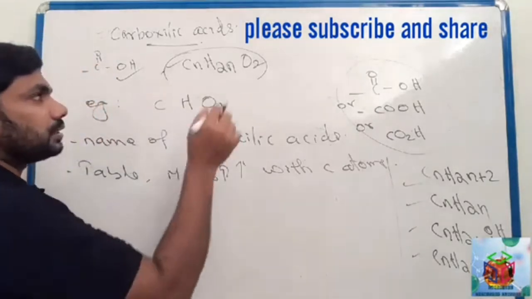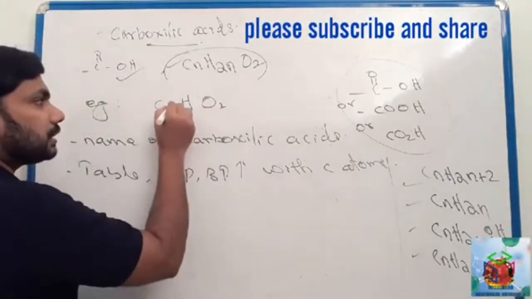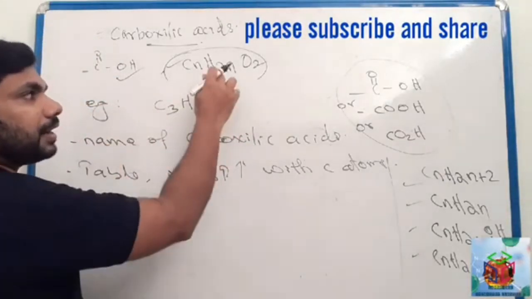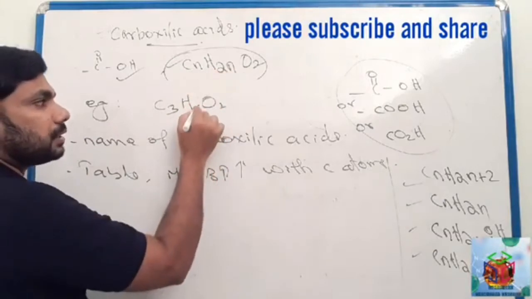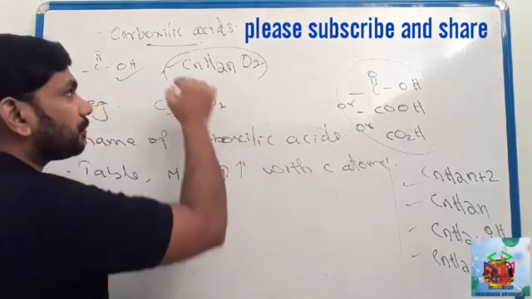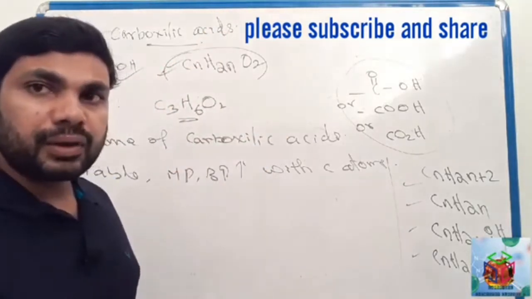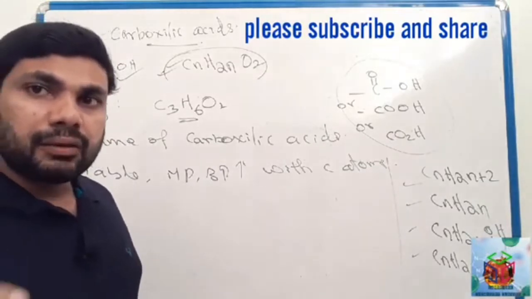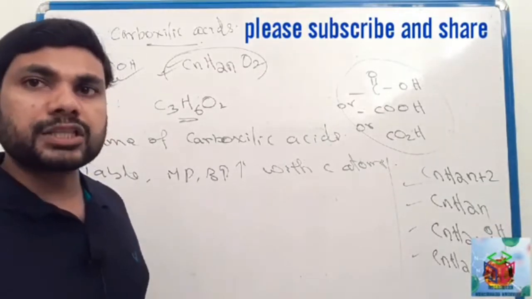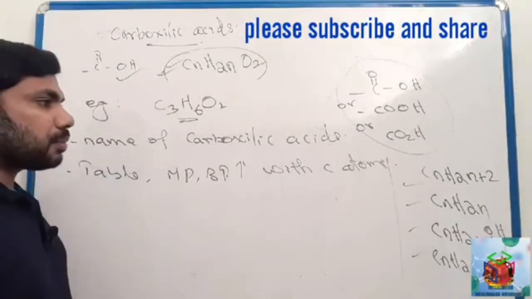Here, carboxylic acid which contains 3 carbon, so C3. Number of hydrogen 2n, 2n means 6. So this is the molecular formula. From the general formula you can make the molecular formula of any carboxylic acid if you know the number of carbon atoms. Clear?